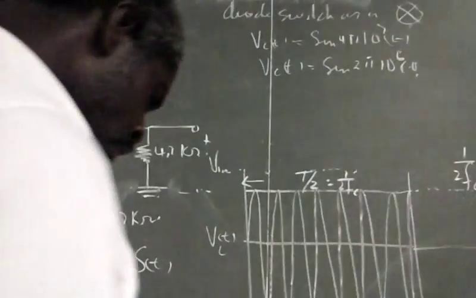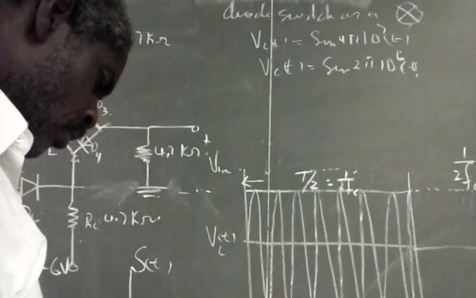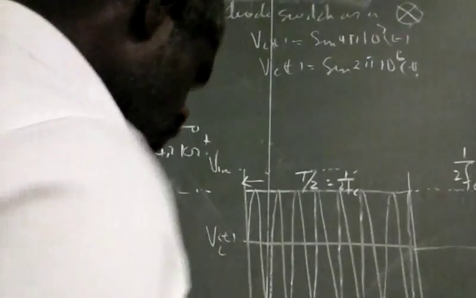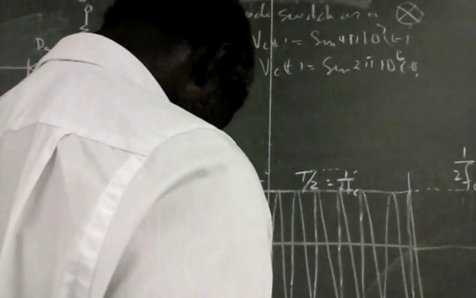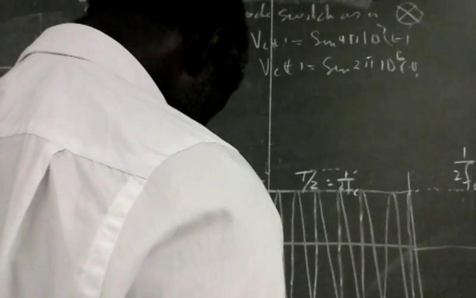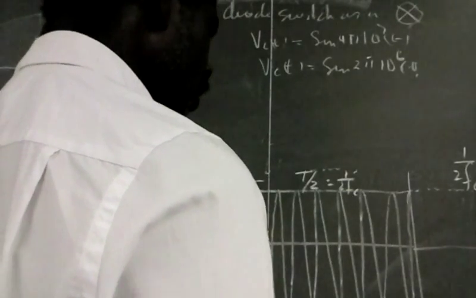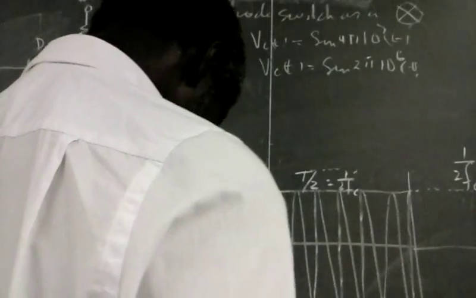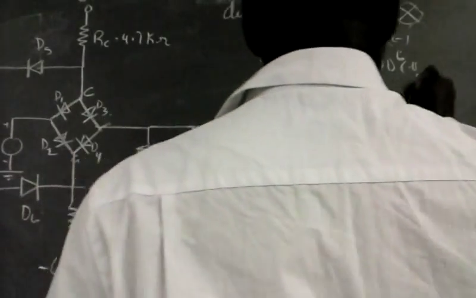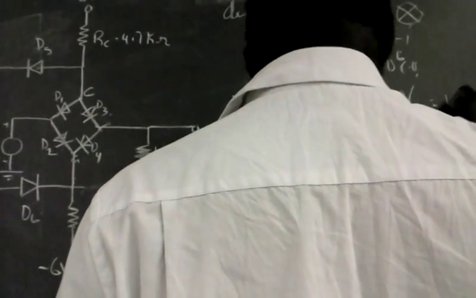Now the switching operation is best represented as follows. The sinusoidal control voltage of frequency Fc is replaced by the square wave switching function S of t of frequency Fc, which is either 1 volt or 0 volts. Now when S of t is 1 volt, we have VL equals VL of t.